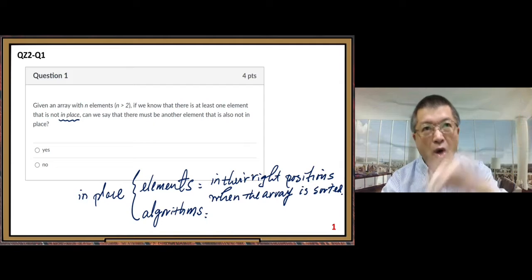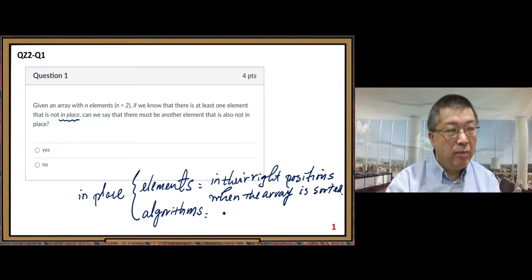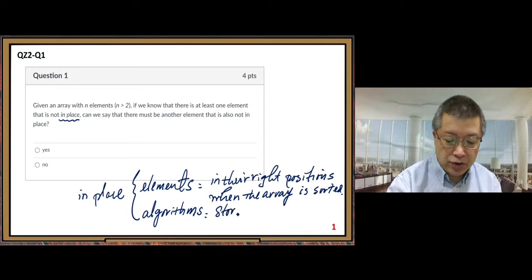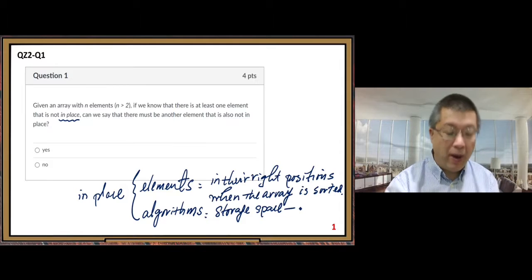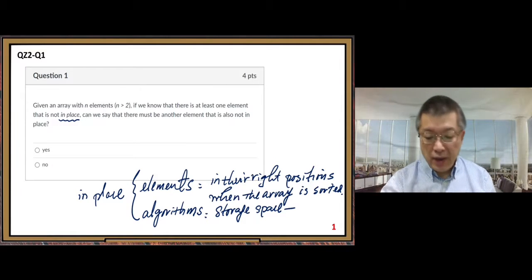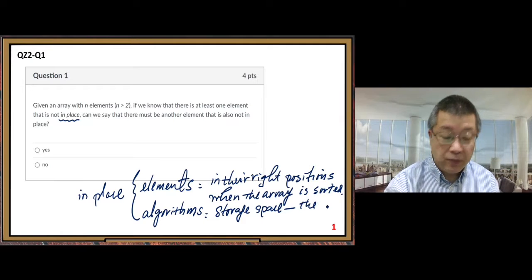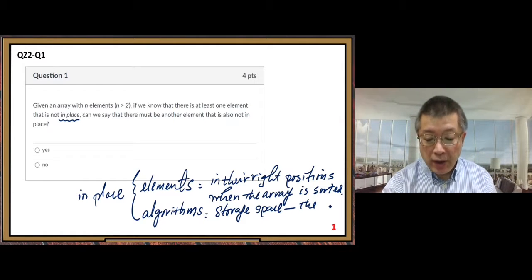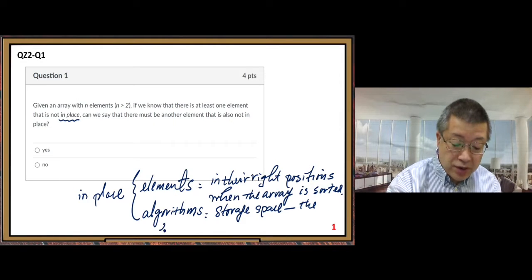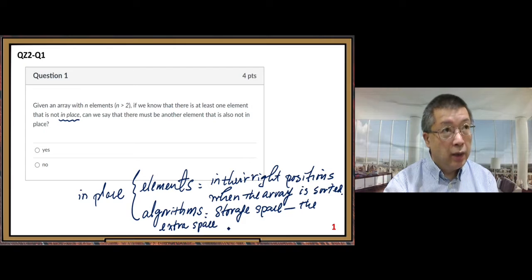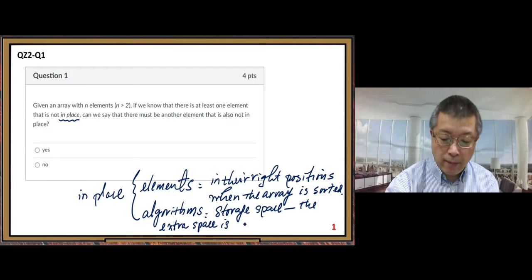Our main focus is on the storage space used by this algorithm. When you implement an algorithm, you need to use extra space, and in place means the extra space is bounded by a constant.